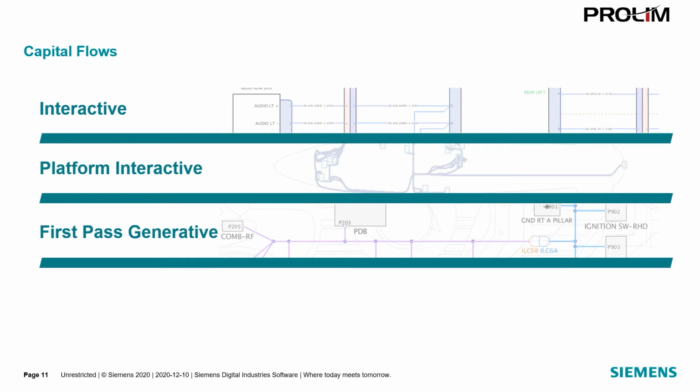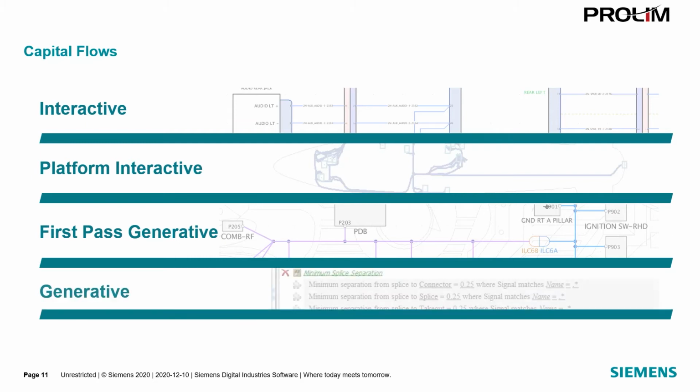It's really a rule-based approach to design where you're trying to capture the IP that your engineers have and then allow the software to actually apply that IP to generate the wiring design. So your engineers aren't going through and generating the wiring designs and the connectors themselves. You're allowing the software to do that for you.